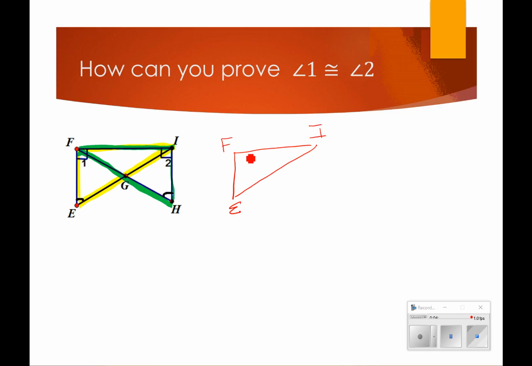I'm going to draw the right angle in there.